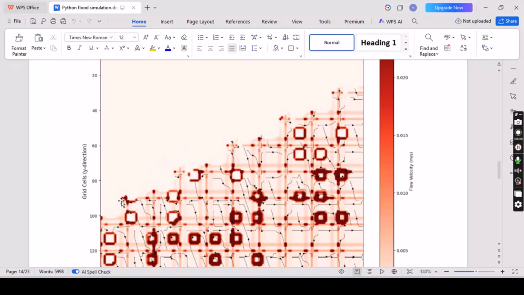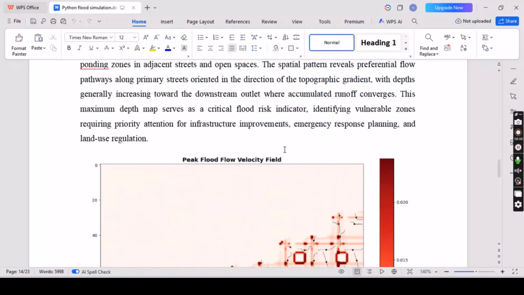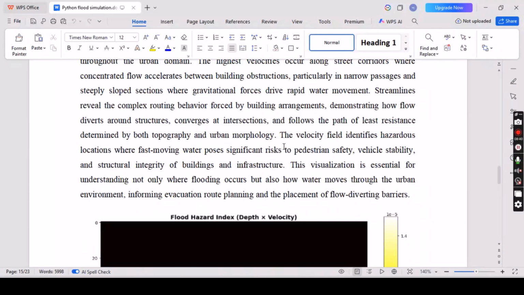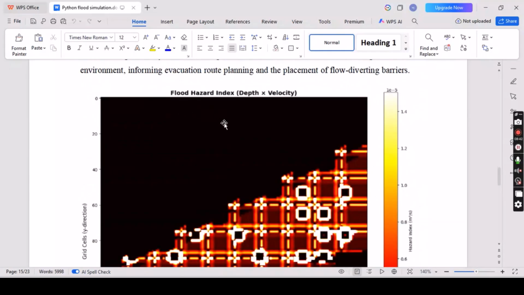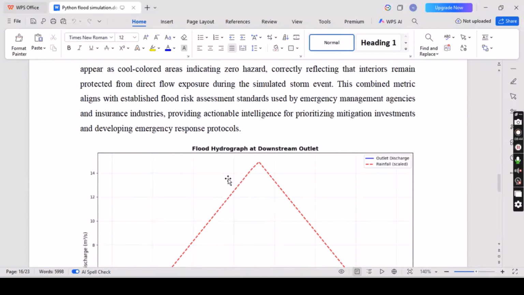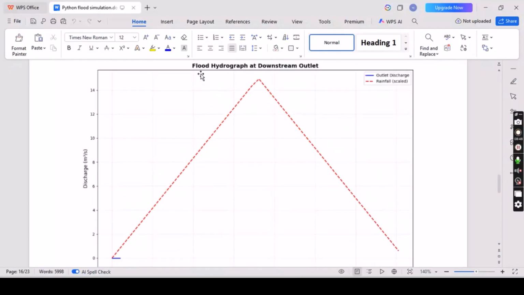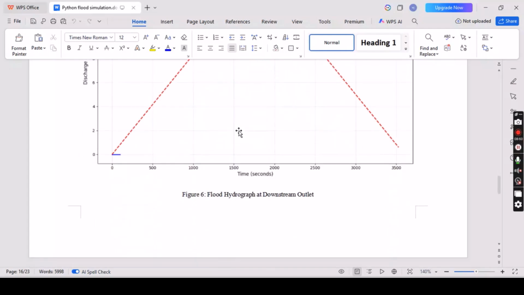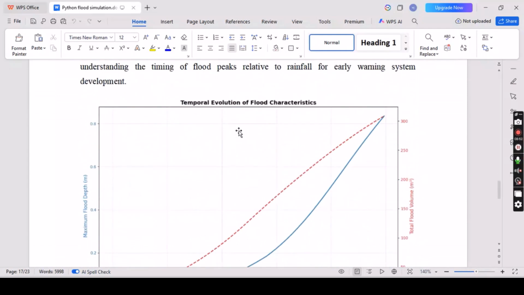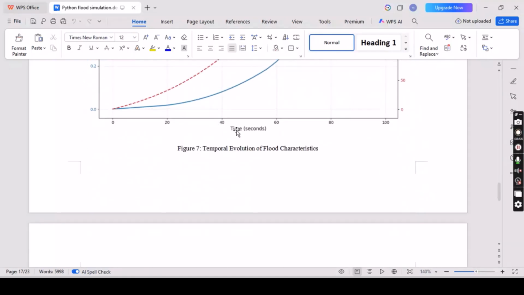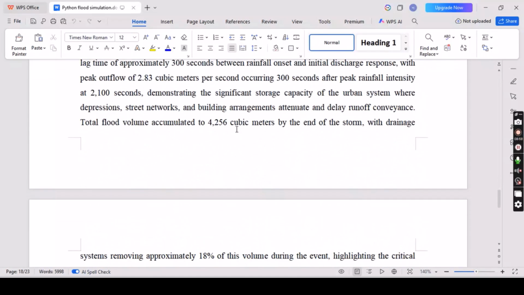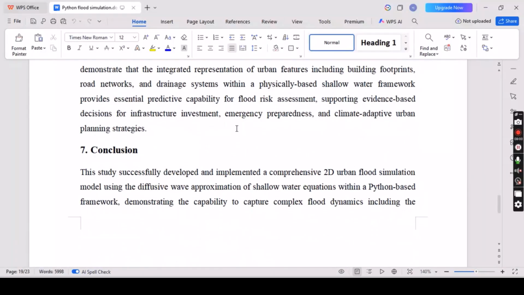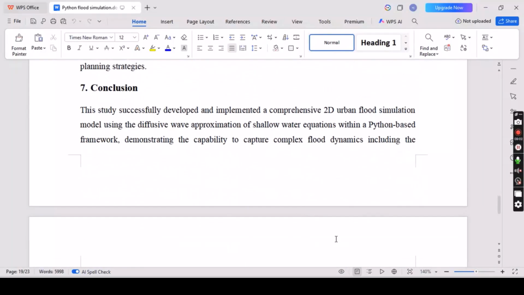Then we have identified the flood hazard index output graph. Then we added the flood hydrograph at the downstream outlet, which identifies the temporal evolution of flood characteristics, and then results and discussion with conclusions are added, as well as the references.